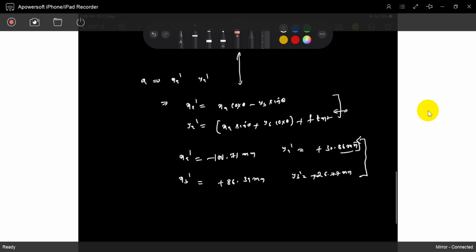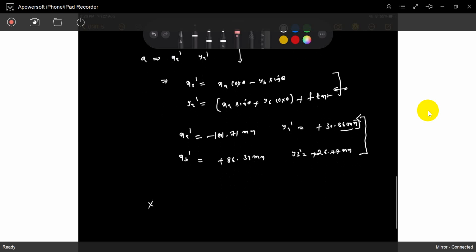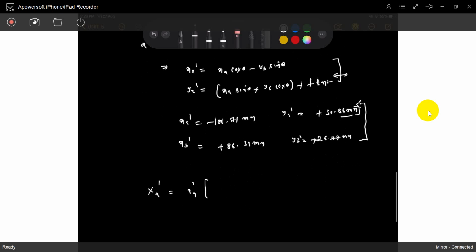So once you have the photo coordinates, you have to find the coordinates on the ground. What are the coordinates on the ground? Same xa dash multiplied with the reverse of the scale. What is the scale? H minus h over f secant theta minus y dash sin theta.